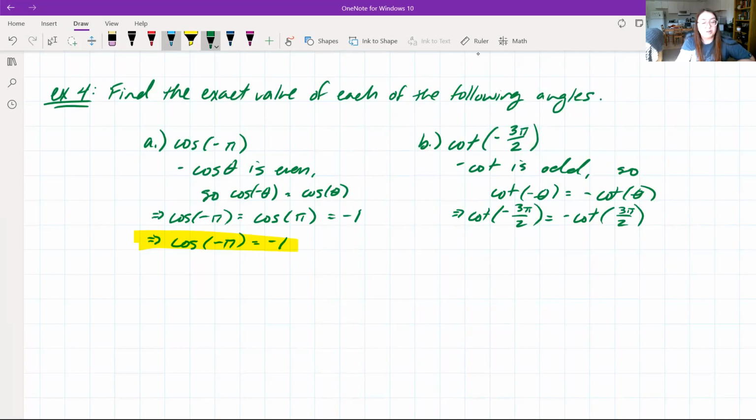The value for cotangent of 3 pi over 2 is going to end up being 0. So technically this is negative 0, but that's just going to be 0. So cotangent of negative 3 pi over 2 is just going to be 0.